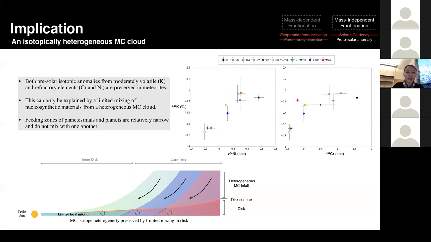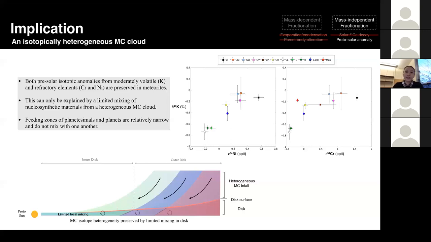On the other hand, the depletion in moderate volatile elements does not need to correlate with the isotope composition as long as the mixing in the disk only happens on a very local and small scale. And this also implies that the feeding zones for planets are relatively narrow and they are not disturbed by the later giant planet migration.